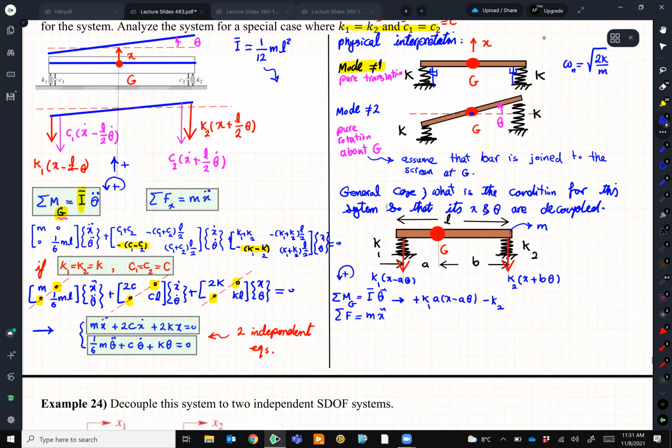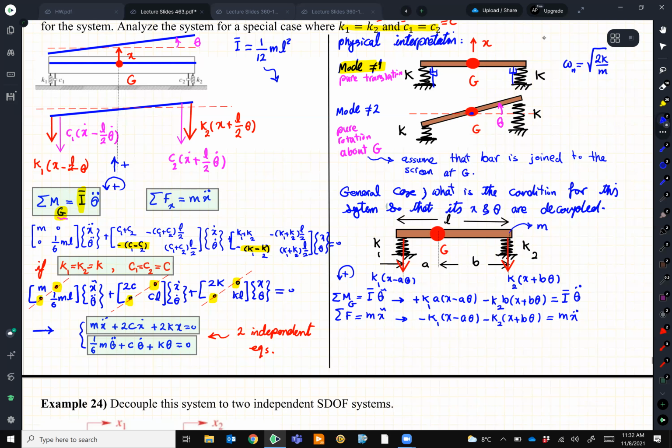Minus K2 b times x plus b theta. So these are the forces, and this one is I bar theta double dot. Sum of the forces in x, so I have minus K1 times x minus a theta, and K2 times x plus b theta equal to m x double dot.